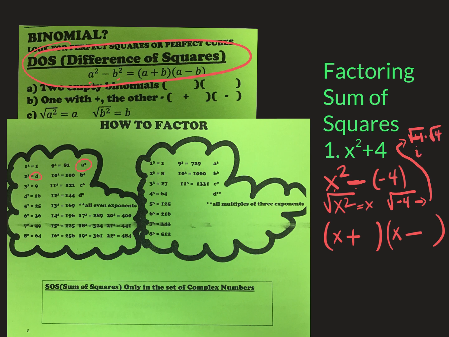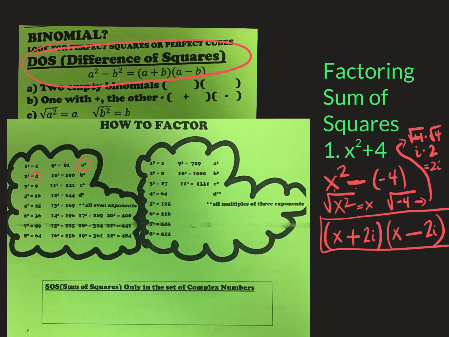The square root of negative 1 is i, and the square root of 4 is 2. So the square root of negative 4 is 2i. And that answer goes in this spot and this spot. So the factorization of x squared plus 4 is x plus 2i times the quantity x minus 2i.